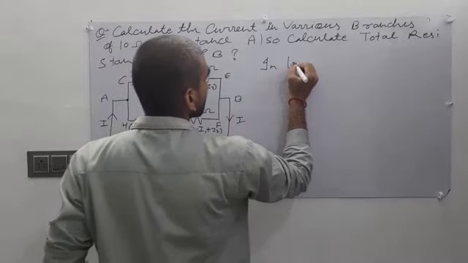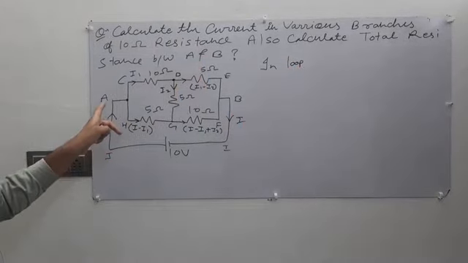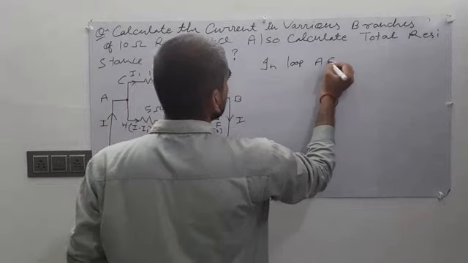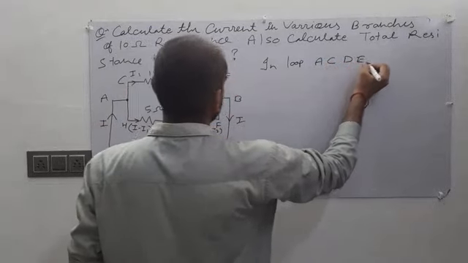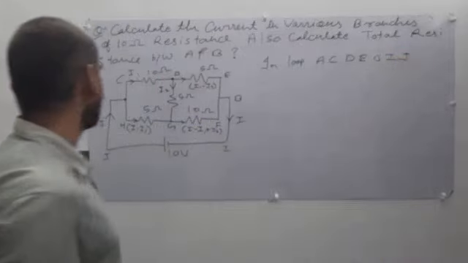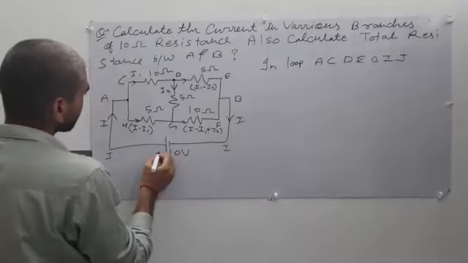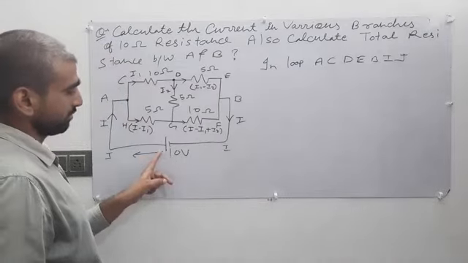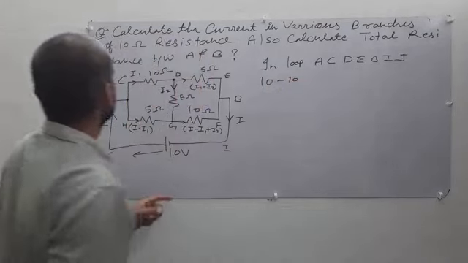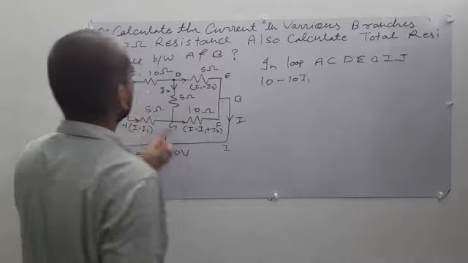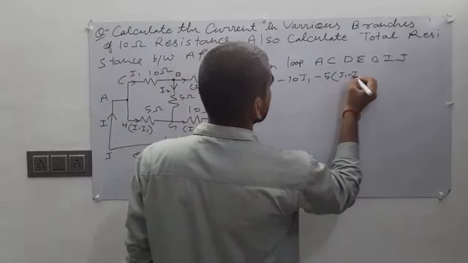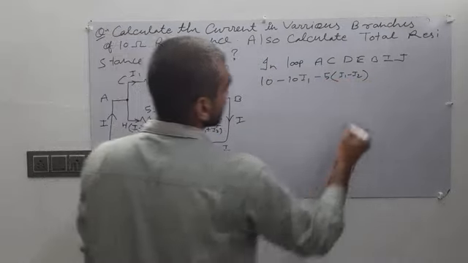In loop ACDEBIJ, because we leave this way, we take voltage as positive, that means 10 volt minus 10 I1 minus 5 (I1 minus I2) equals 0.